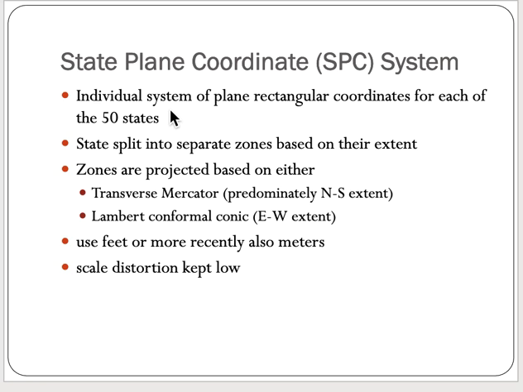The state splits into separate zones based on their extent, which we're going to see in the next PowerPoint slide, and zones are projected based on either the transverse Mercator, which is predominantly the north to south extent, as well as the Lambert conformal conic, which is the east to west extent. And this uses feet or more recently also meters, and the scale distortion is kept low.